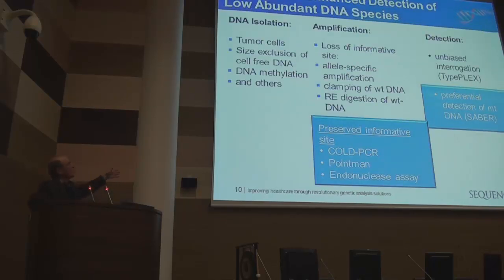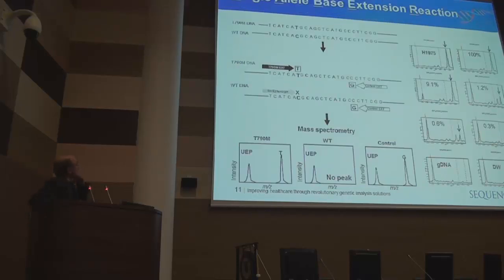So there are a whole bunch of tools, in principle, that allow you to detect a very rare sequence in the presence of a huge excess of common sequence. But they mostly really don't work well. The trick that does work very well is shown here on a slide which is quite complex, but we're not going to go into the details.